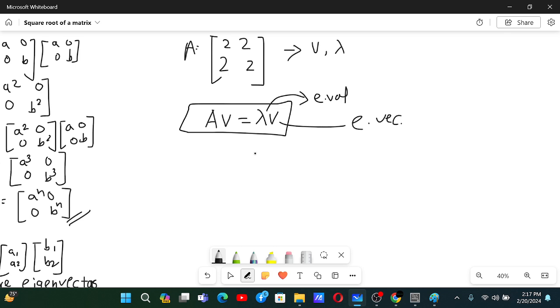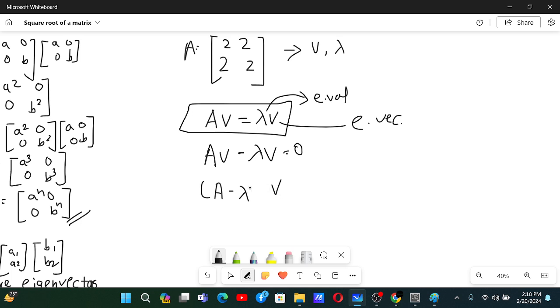Now let us manipulate this equation so that we will be able to find the eigenvalue and eigenvector. If we take lambda B to the other side, we will have something like this. Now to take B common, we need A minus lambda, but lambda is just a scalar quantity.